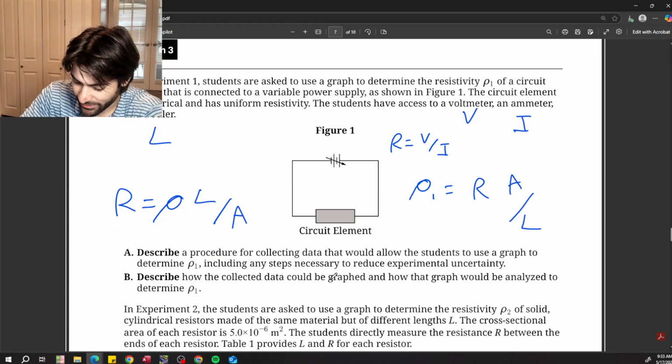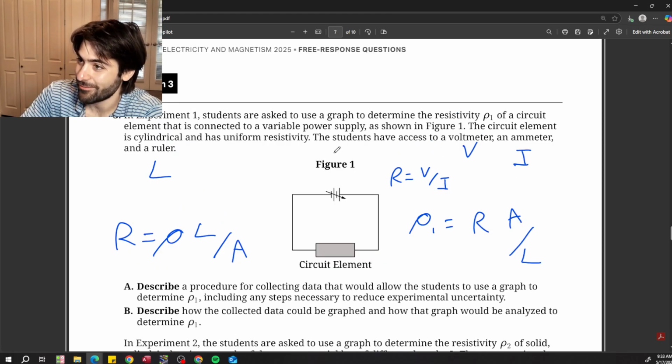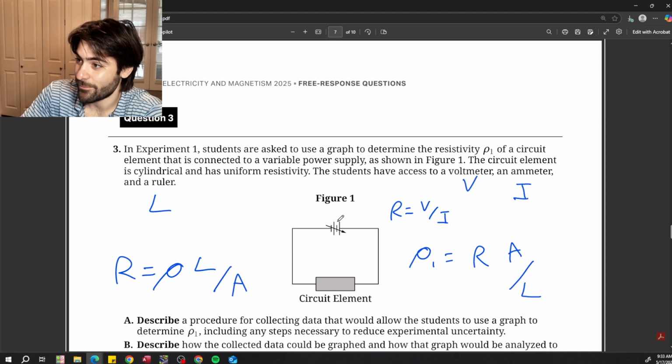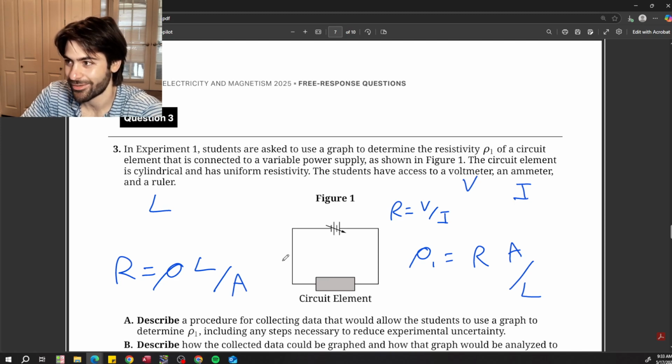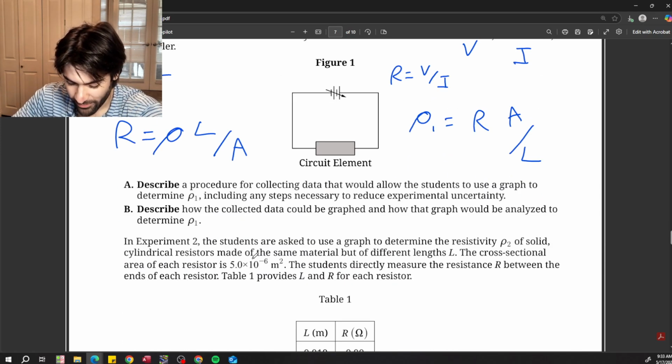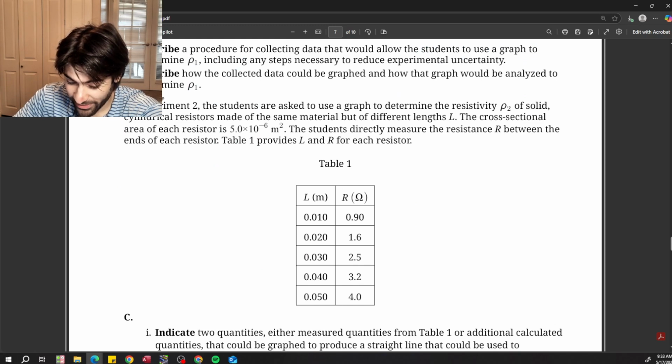How would the collected data be graphed? Well, I think I just answered both of those. So we adjust the voltage of the, up here, it's a variable power supply. We can adjust the voltage of the power supply and measure the current through the resistive circuit element to calculate its resistance. So they actually end up doing an experiment here.